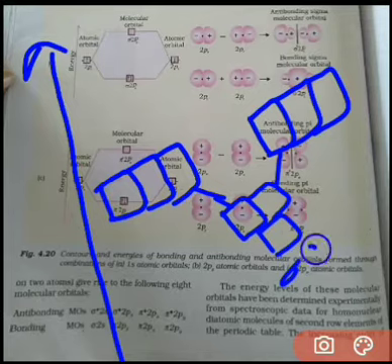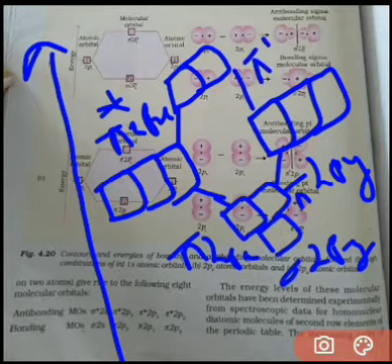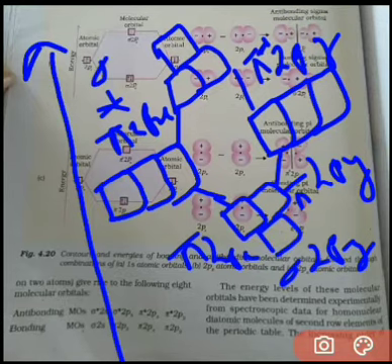So this is sigma 2pz, and this is pi 2px and this is pi 2py. After this, students, the order will be changed: here pi star 2px and pi star 2py are there, and here will be sigma star 2pz.